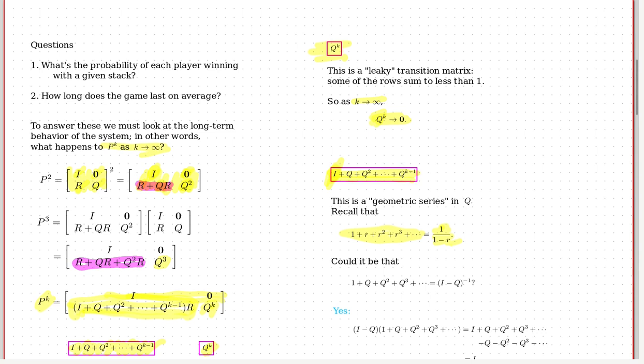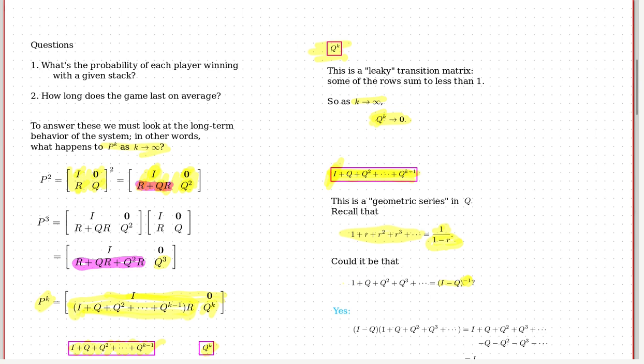So, is it possible that we could use the same formula for the matrix geometric series? This is basically a geometric series of matrices, so what would the corresponding formula be? Of course, you can't take a reciprocal with matrices, but the reciprocal corresponds to taking the multiplicative inverse. And 1 minus r would correspond to I minus Q, and the reciprocal would correspond to taking the inverse.